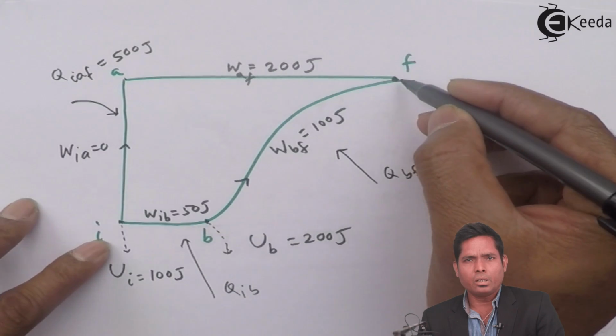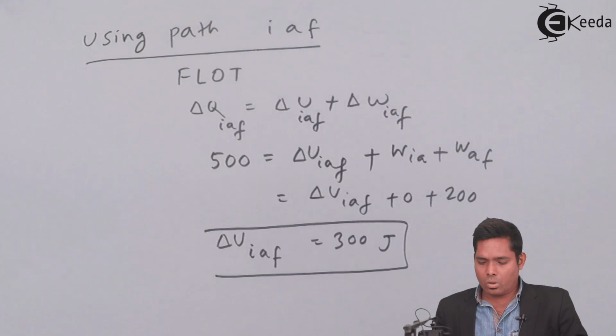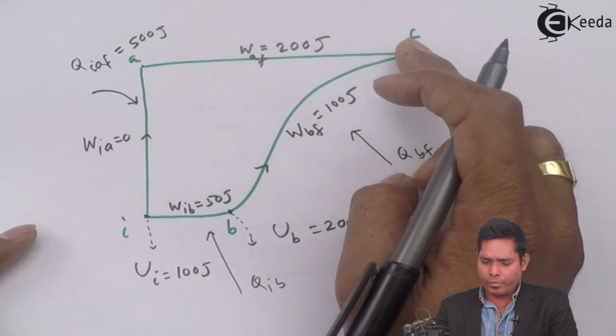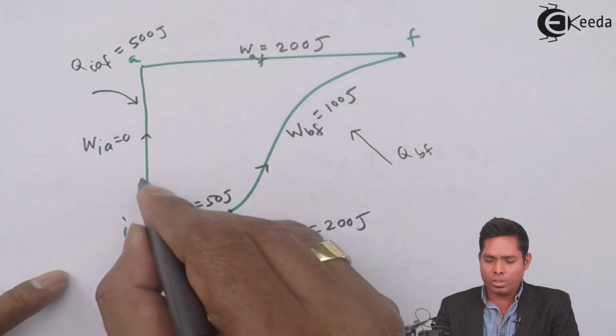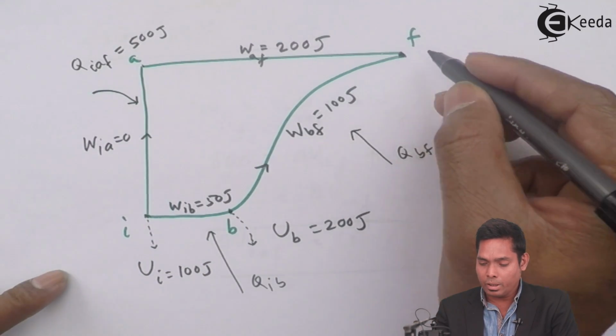If it is 100, then it will obviously be 400, so the change will be 300. So the change in internal energy when the system is carried along this path here is found to be 300.